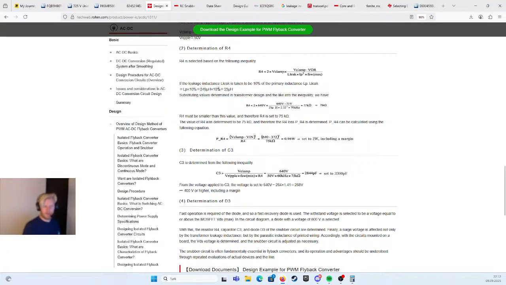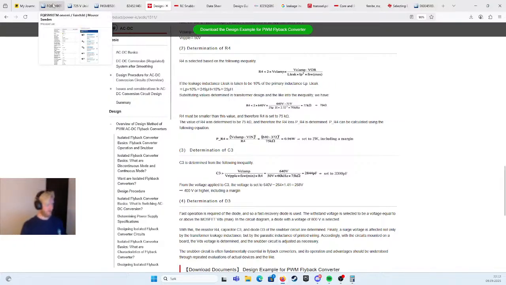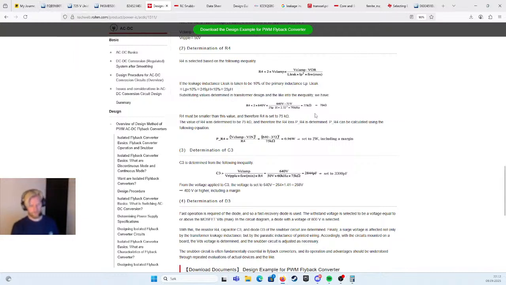And we have all this information. In this case, it's using the leak inductance we know, and if the leakage is taken to be 10%, now we already know that we selected a transformer that has specified the leak inductance, so we can use that.